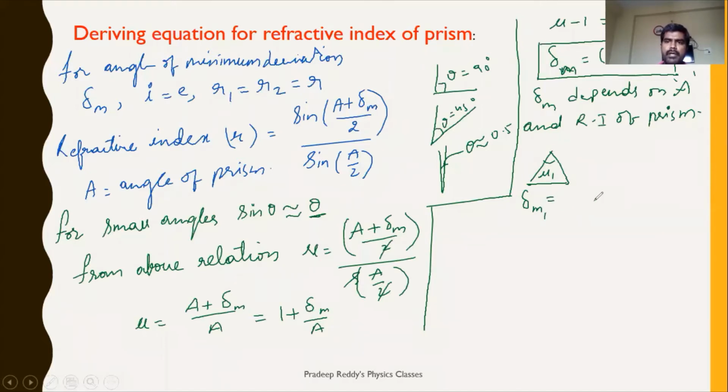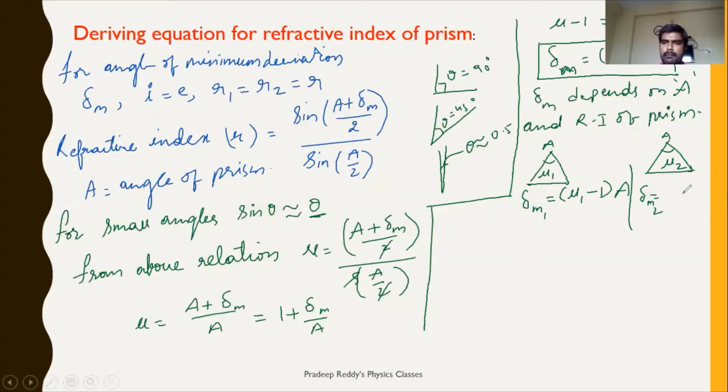A. Similarly, you have one more prism taken here, the angle is the same A, here also the angle is A, and for this prism its refractive index is mu2. Then in such cases delta m2 is equal to, even though their angles are the same, the refractive indices are different, therefore the angles of deviation will be different.